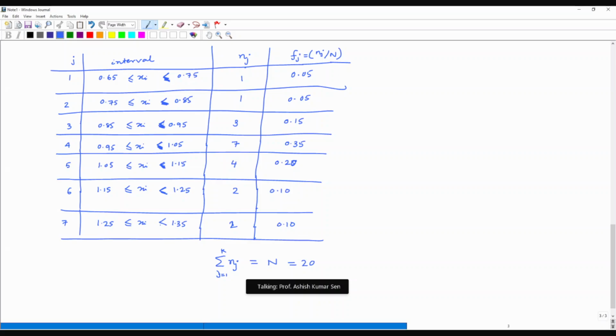And we can also see that the sum of fj into 100 should give you 100%. You can add all these here and multiply by 100, it should give you 100%. You can check that for yourself. And also we said that for at least one interval, nj should be greater than or equal to 5. So we get at least one interval where nj is, this is also satisfied.